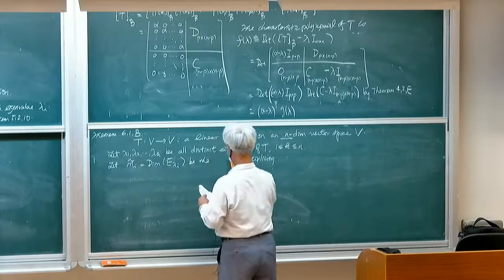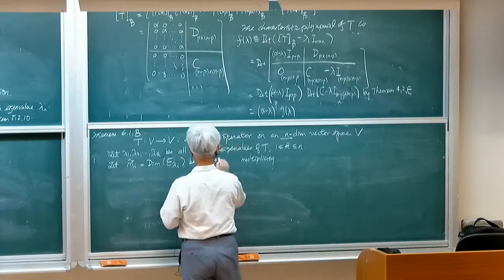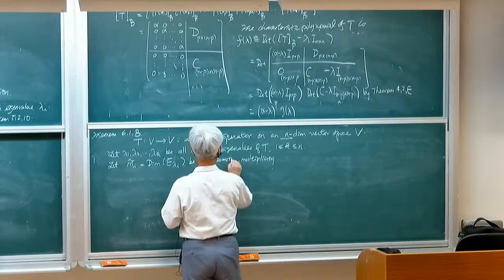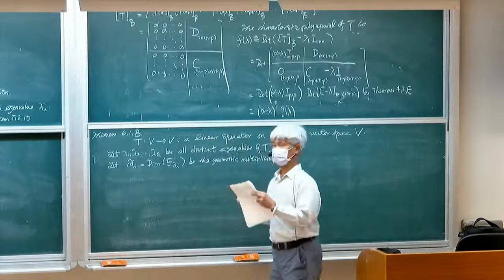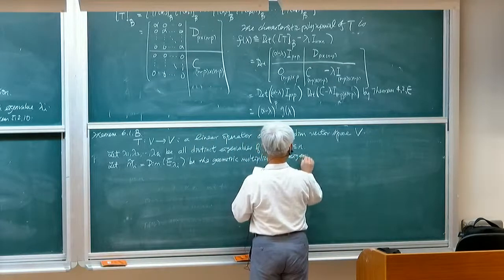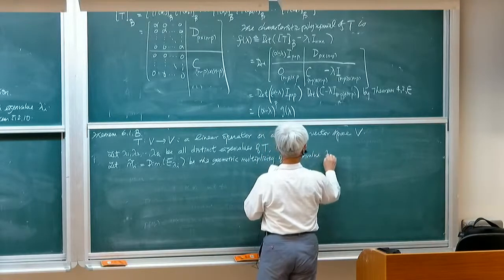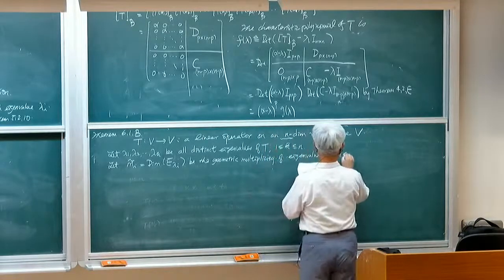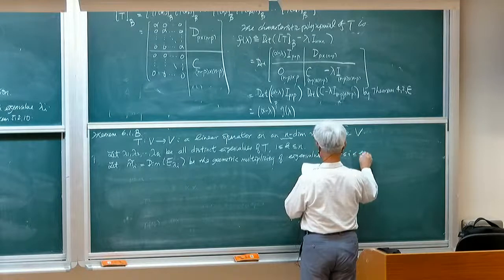So this is the geometric multiplicity of eigenvalue lambda i for i from 1 to k.